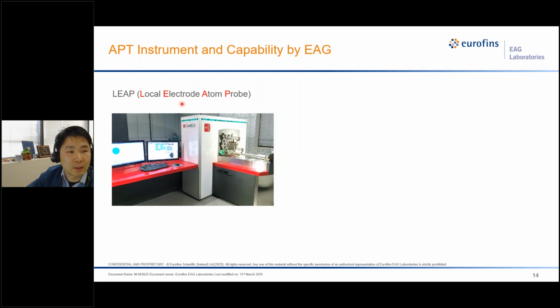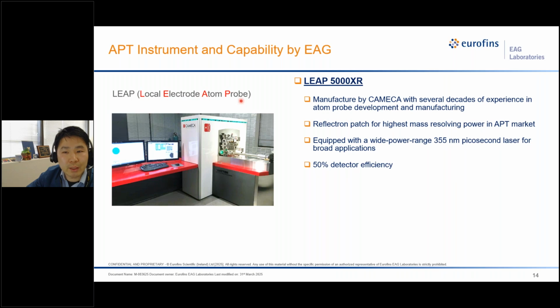LEAP stands for Local Electrode Atom Probe, which is unique to the atom probe instrument. The tool offers great reliability with high throughput. Our instrument is combined with an energy compensation reflectron design, and it provides the best mass resolving power in the market. Our instrument has around 50% detector efficiency, meaning we detect half of the ions arriving at the detector.